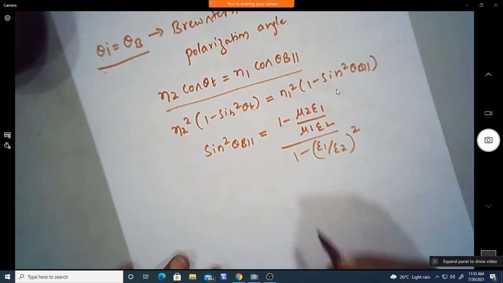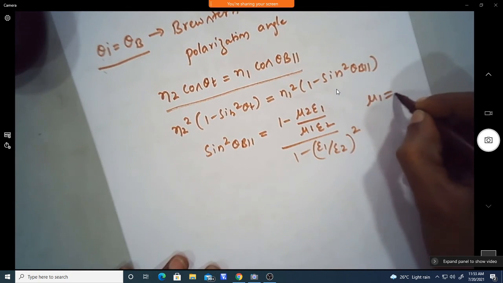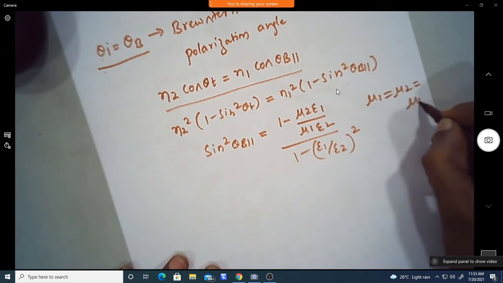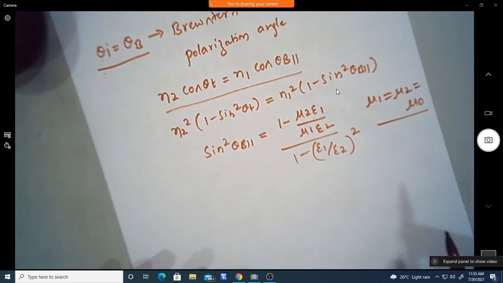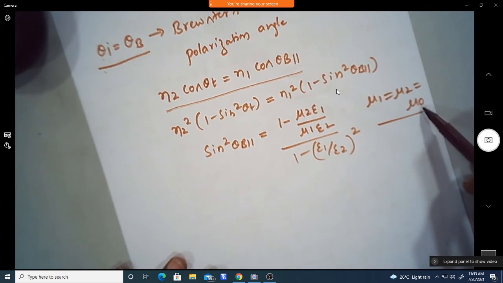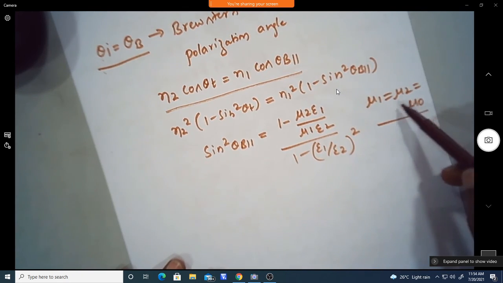If you take mu 1 equal to mu 2 equal to mu naught, because for a non-magnetic medium mu is always mu naught, and the dielectric medium is lossless, so that k equals beta.